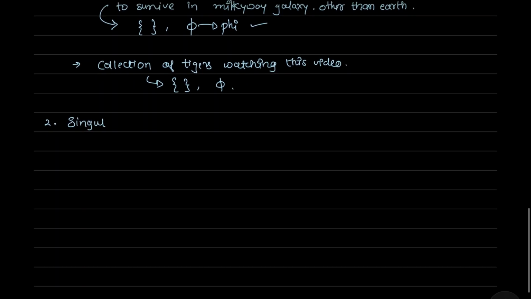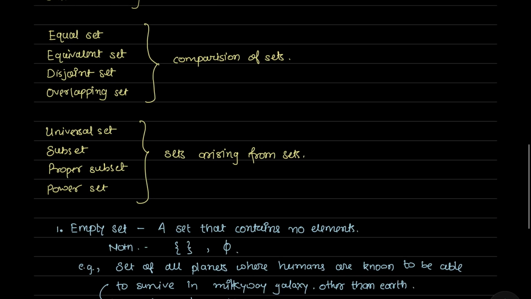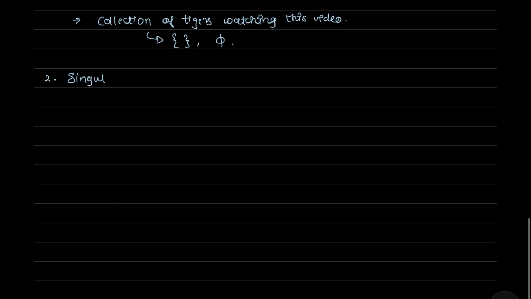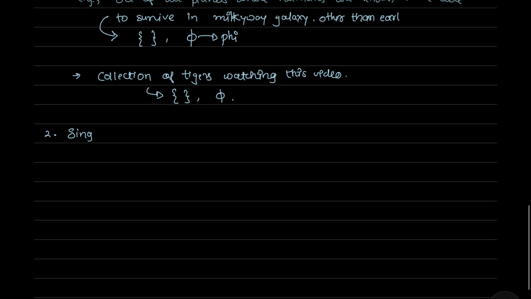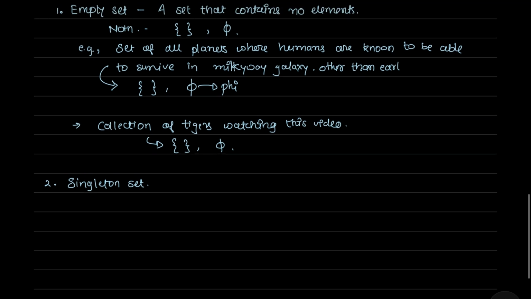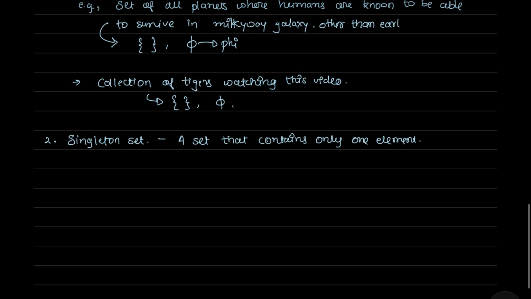Okay, next we have singleton set. Now, as per the definition of singleton set, it is a set that contains only one element. See, I can give you some example.